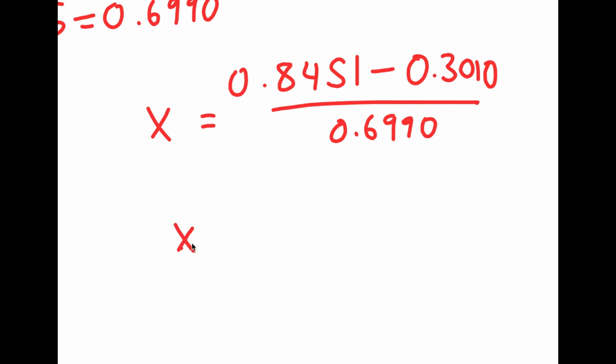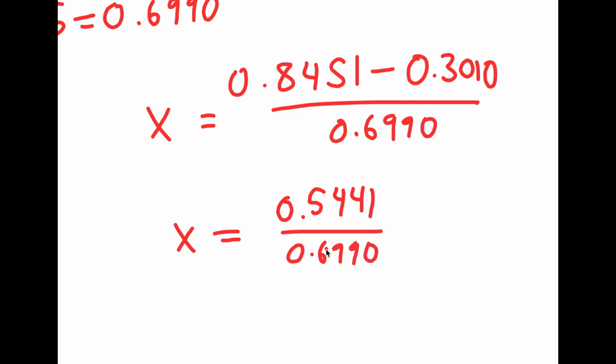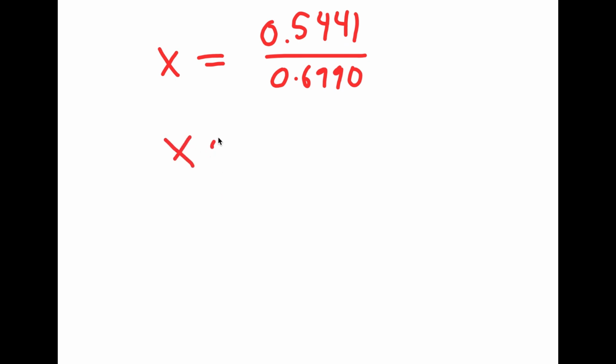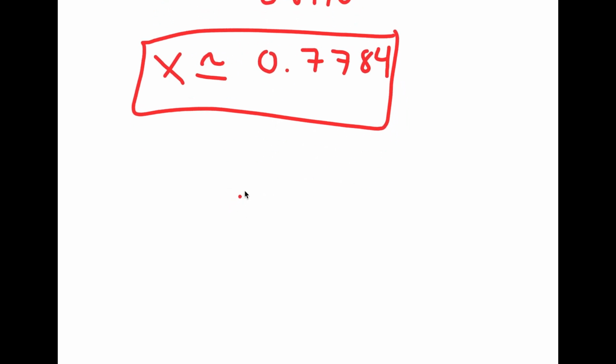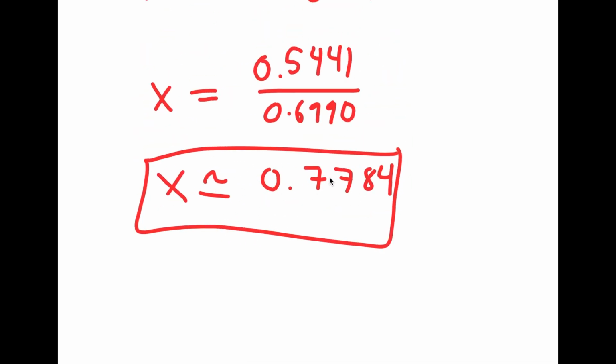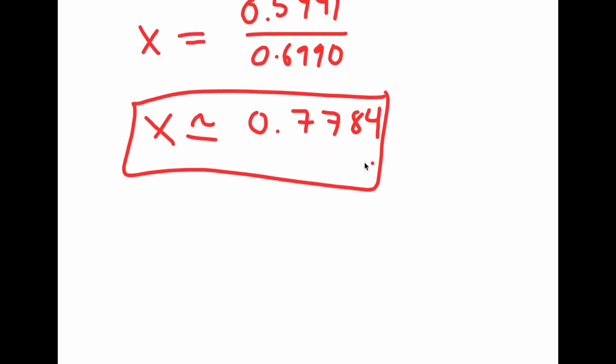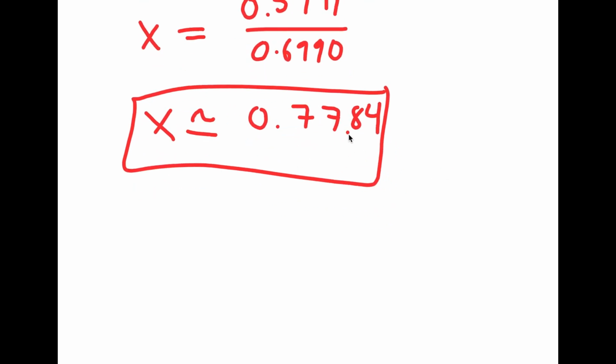And this is equal to 0.5441 over 0.6990, which is equal to 0.7784. So x is approximately equal to 0.7784, and you can try plugging this back into the original equation and see what you get.